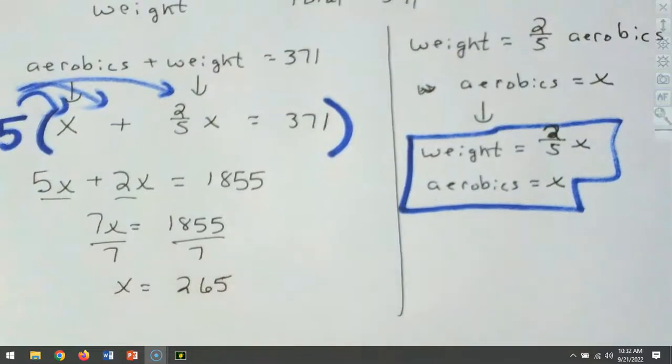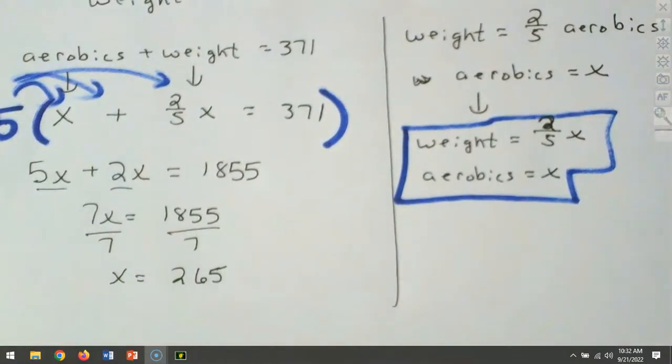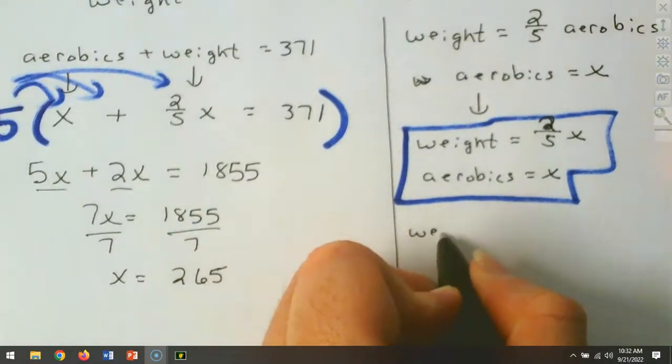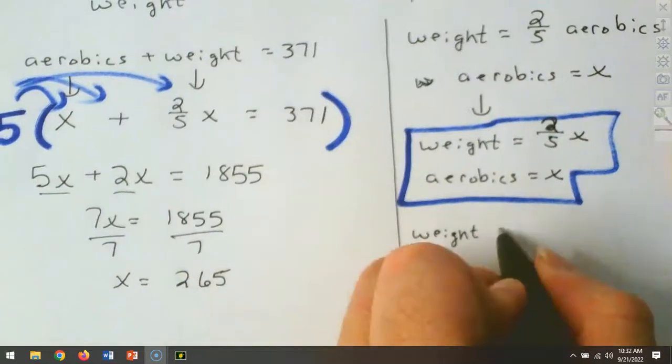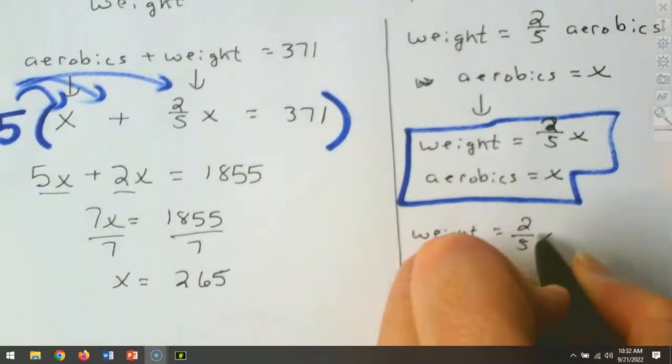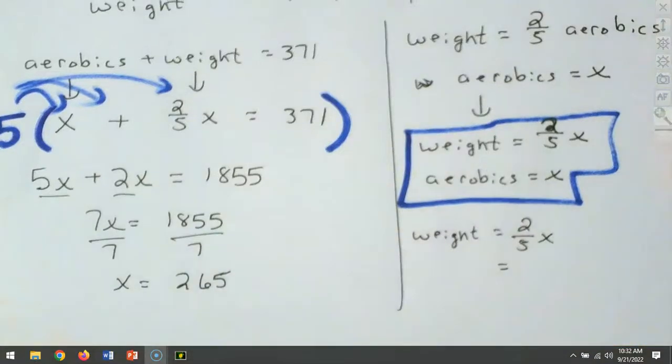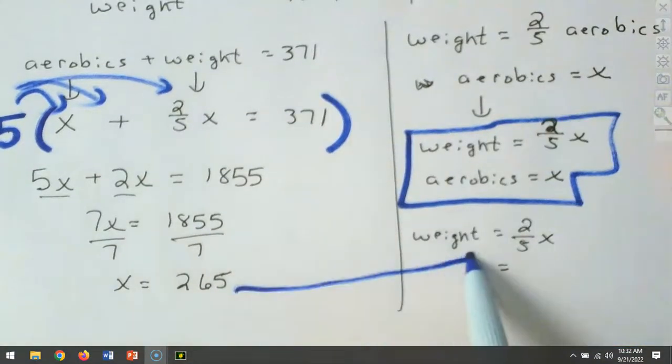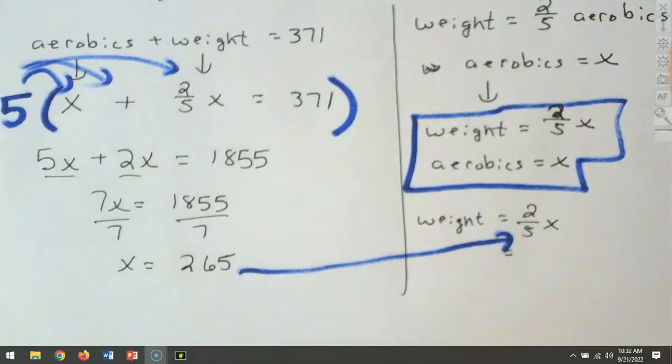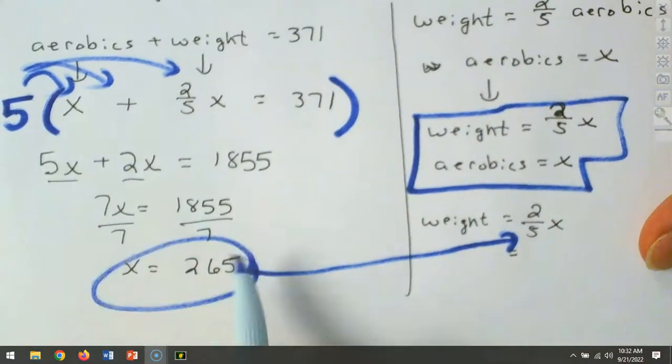Now, we need to go ahead and get both of these. So let's go ahead and do that. We know our variable x, and then we'll box the one that is our answer, because it only asks for the weight training. We're going to go ahead and get both of them, and then we'll just box the weight training. So the weight training is 2/5 x. So that means we're going to plug in that 265.